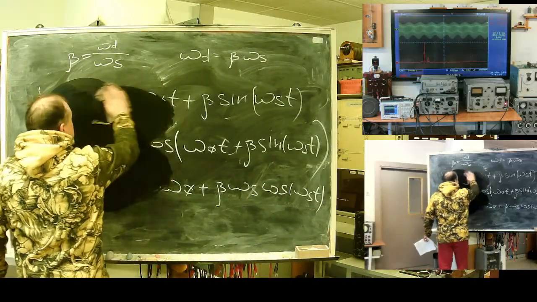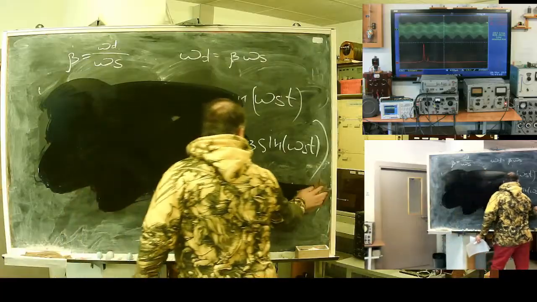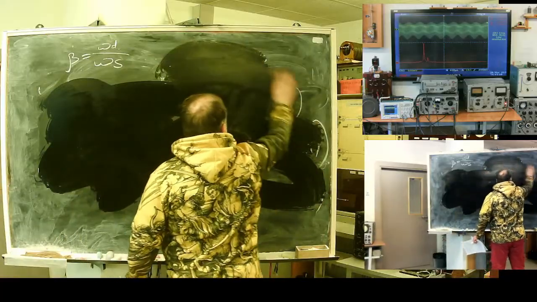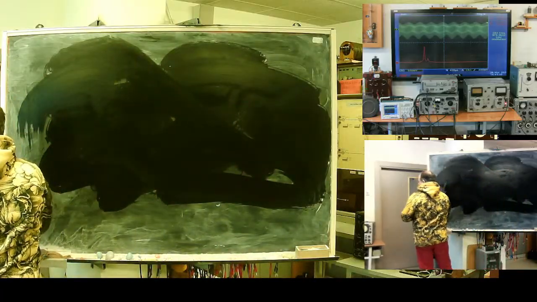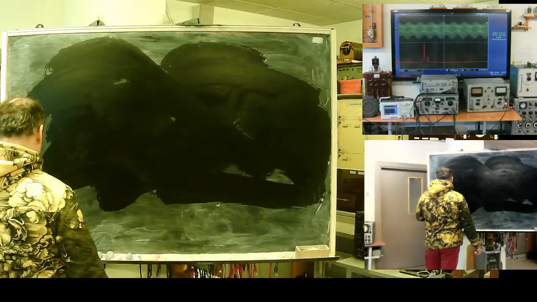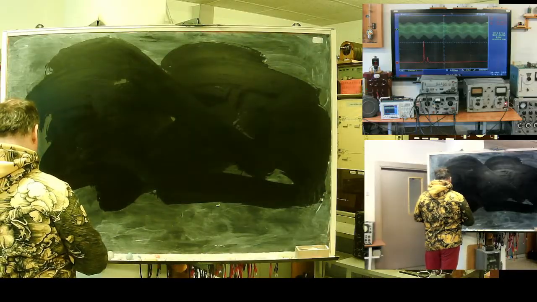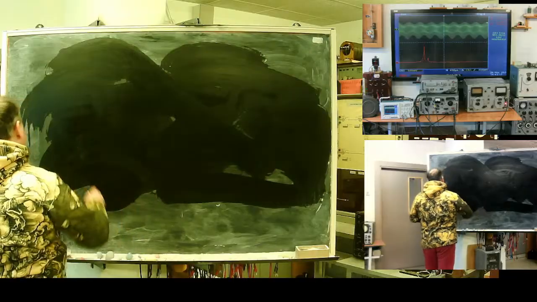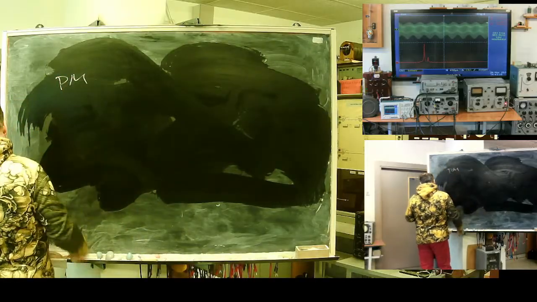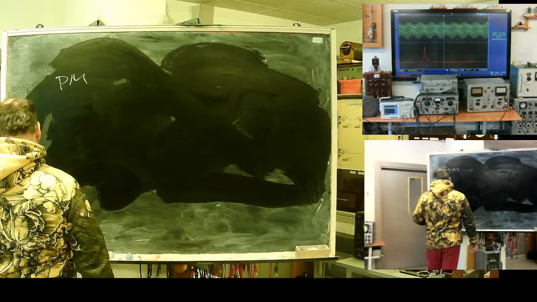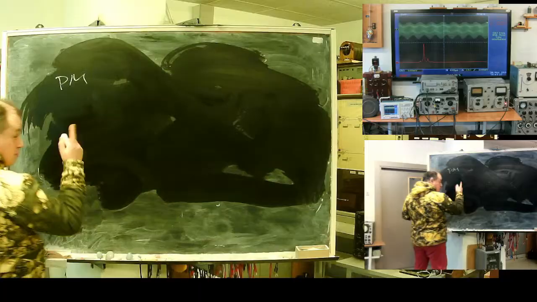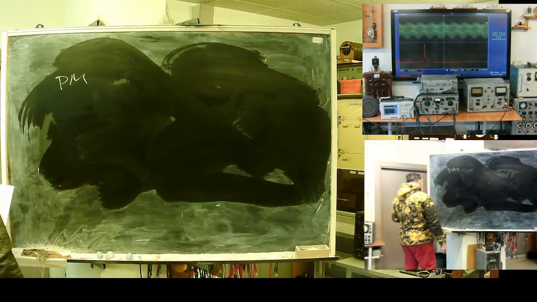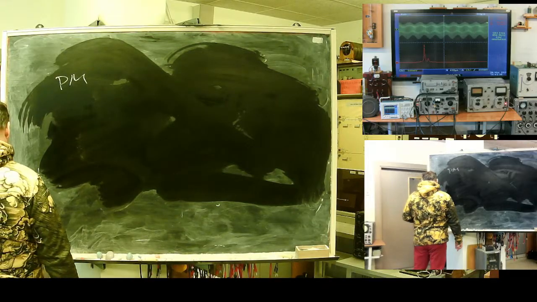In general, we see the same for frequency modulation. They are very similar. At small indexes, you cannot tell which one is in front of you. But okay, in case of angular modulation, frequency deviation is proportional to omega s, and index is constant.